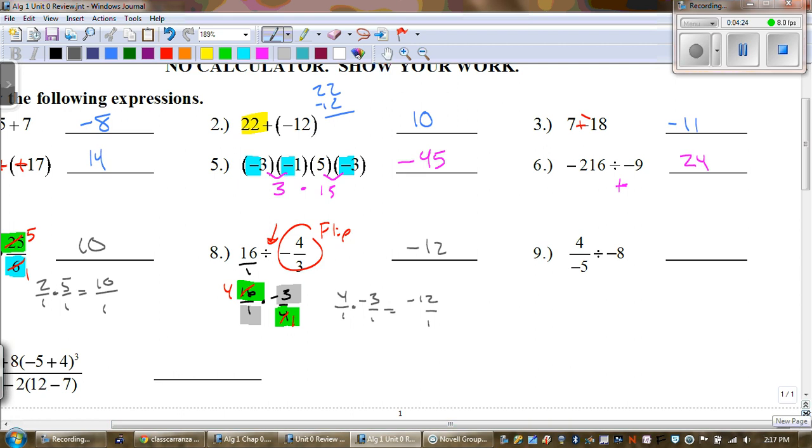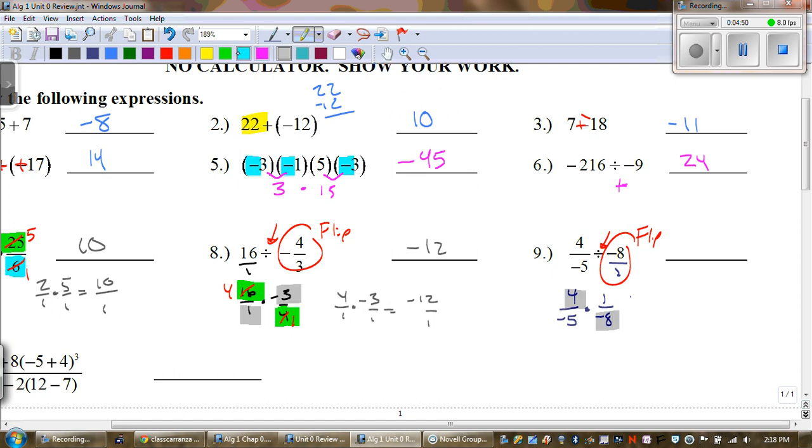All right, number 9. Same thing with number 9. We're dealing with fractions, so I want to make sure that is a fraction. We're dividing, so once again, we're going to flip that. So we've got 4 over negative 5 times 1 over negative 8.